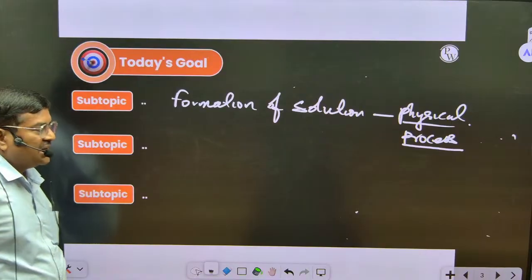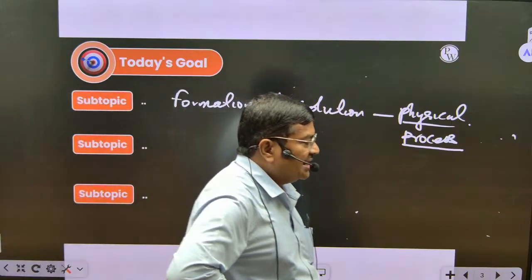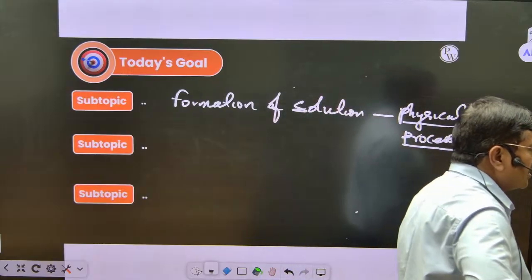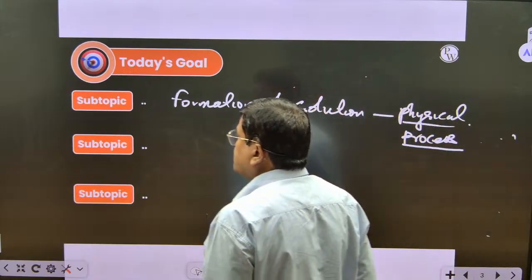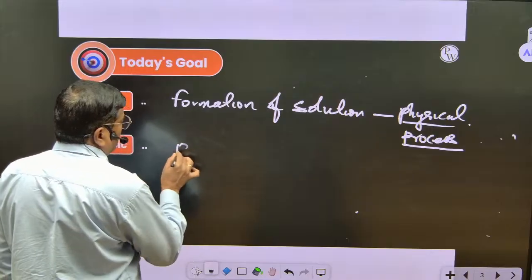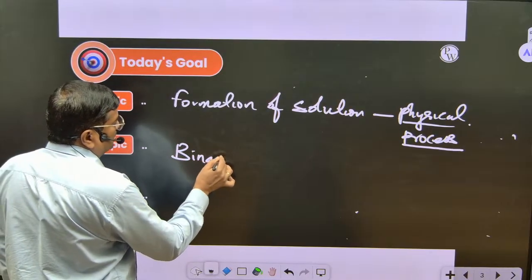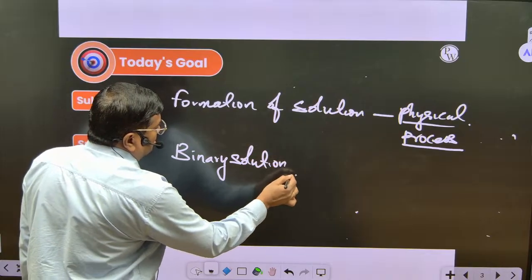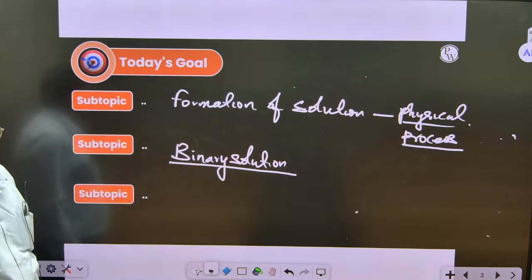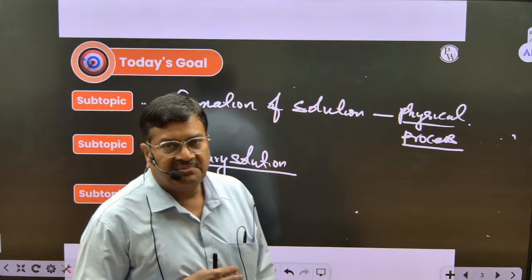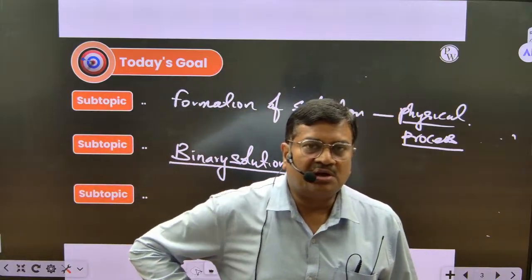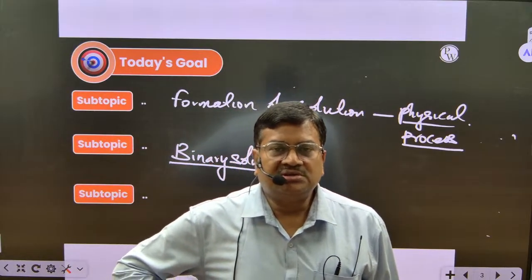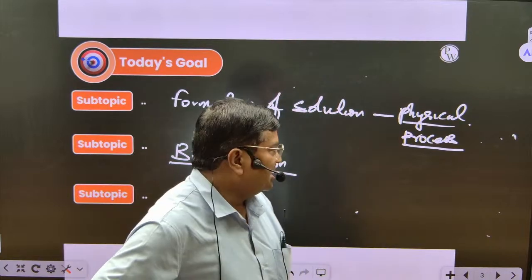Now we go into binary solution. Right, heading binary solution. Now what is meant by binary solution? A solution that is made up of two components. What are the two components? Solute and solvent. Such is called binary solution.